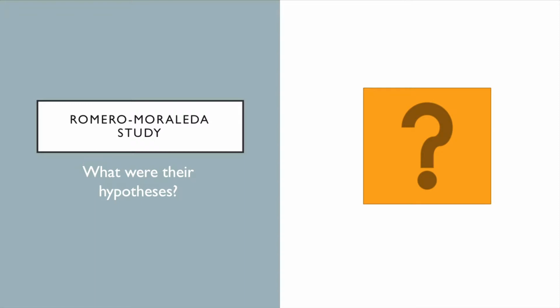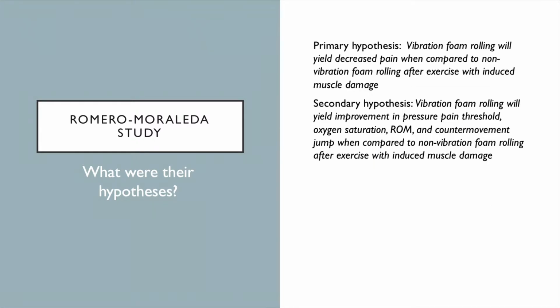Well, really, they had multiple hypotheses, right? Because they studied several different things. They said their primary study, though, was looking at foam rolling, vibration versus non-vibration foam roller, will affect pain or decrease pain when compared to, again, the two foam rollers, and looking at after they've induced muscle damage.